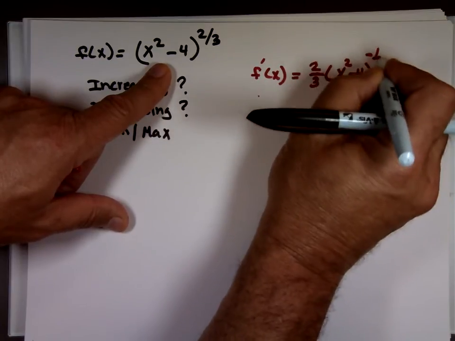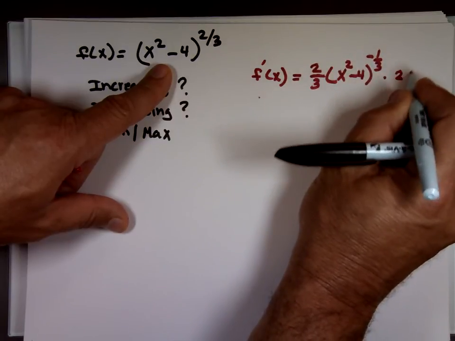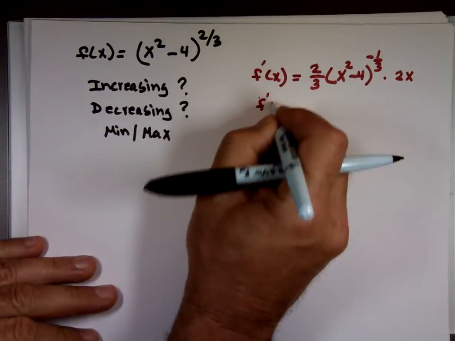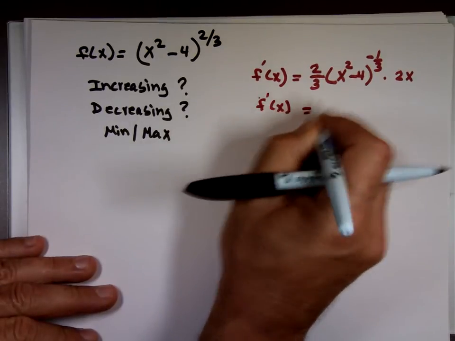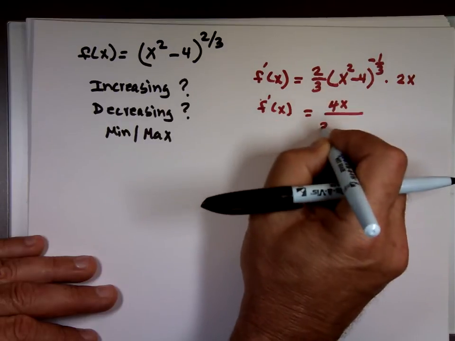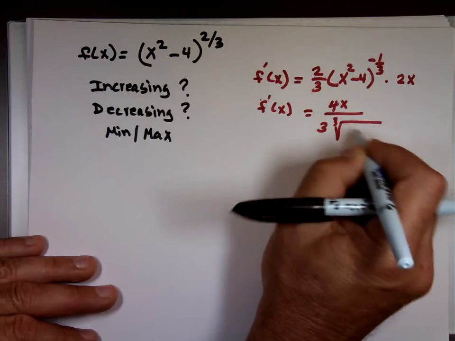Are we done? Times 2x. The derivative of what's on the inside, 2x. F prime of x: 2 times 2x, that's 4x, over 3 times the cube root of x squared minus 4.